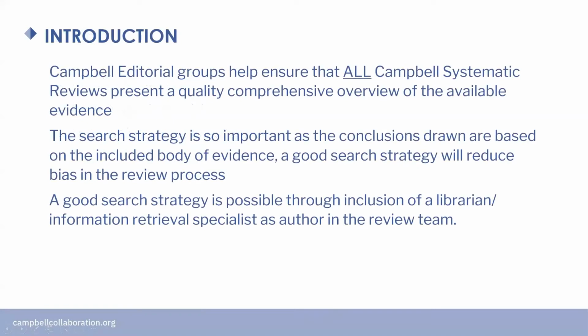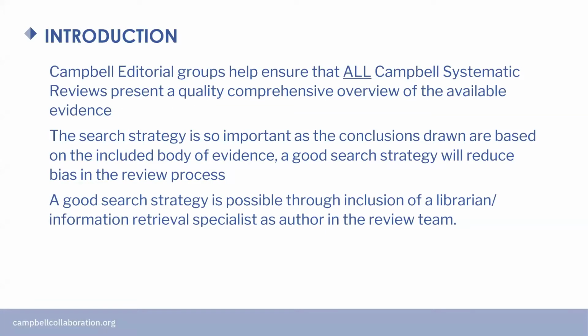The first thing that I wanted to say in this webinar is that Campbell systematic reviews present a quality and comprehensive overview of the available evidence, both through the quality of the methods involved and by following strict editorial guidelines.